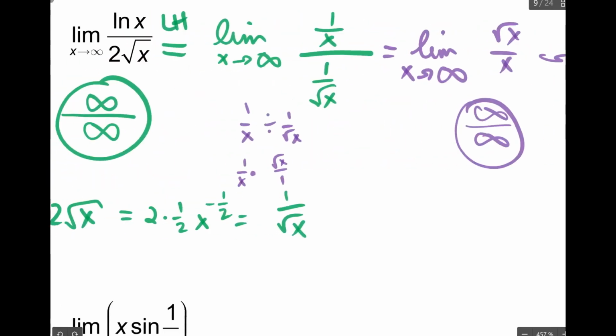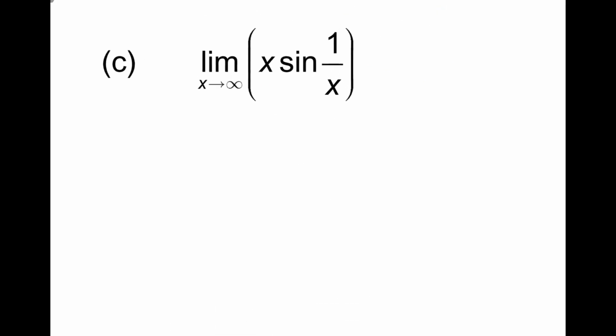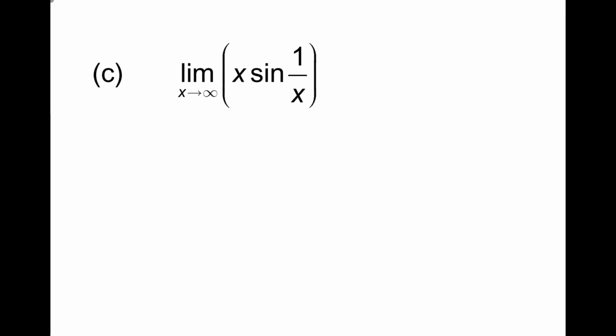Let's keep going. All right, the limit as x approaches infinity of x times sine of 1 over x. All right, Louis, lead us through this one. First, I need to identify the indeterminate form.